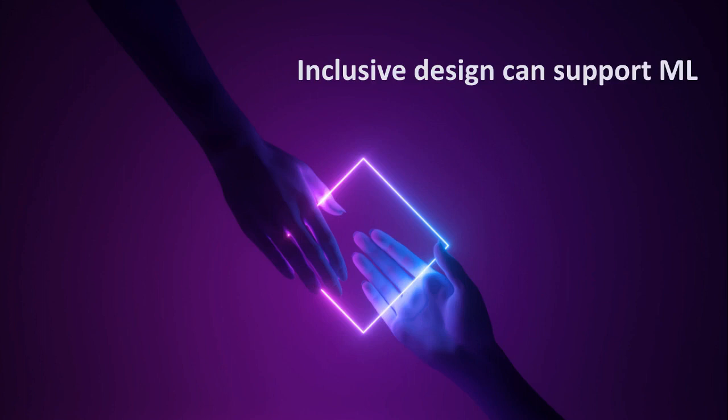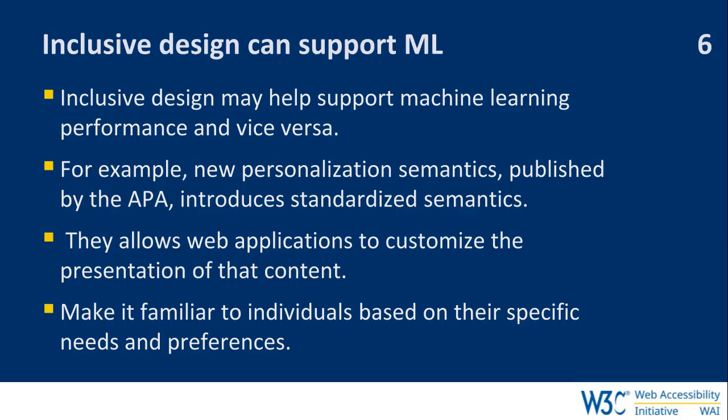So how can inclusive design support machine learning? If we move on then to slide 6. Well, we have some new technologies that we've made. We've got, at Wide Review, our personalization semantics, where we will put on a mapping to a concept node so that symbols can be added for different use cases, or symbols can be adapted if people have learned a specific symbol set and that's what is familiar to them, as well as other support can be integrated into the page, such as instructions or help scaffolding.